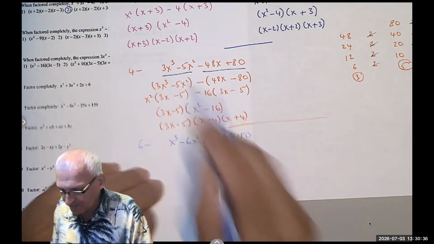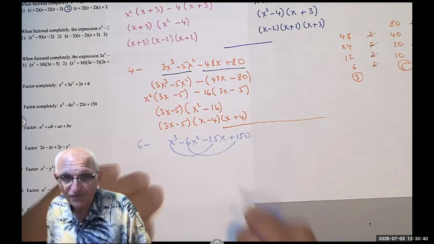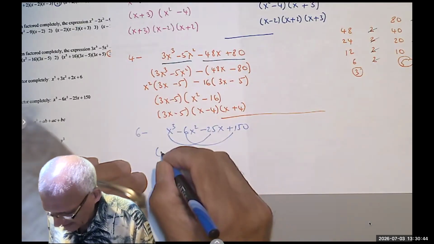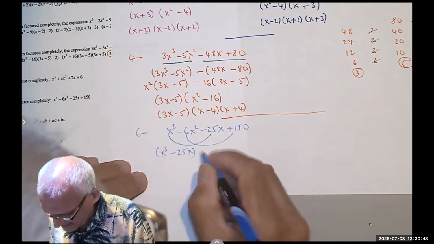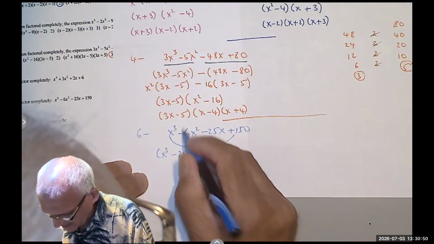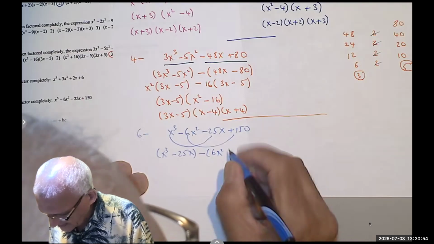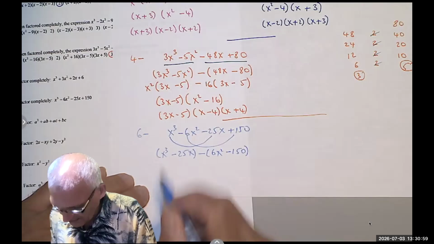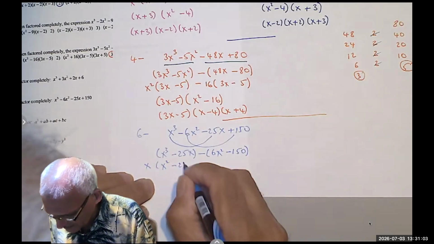This time I'm gonna factor first and third, second and fourth. It really doesn't matter, as I told you. So I get x cubed minus 25x, and then there is a negative, so I'm gonna switch the sign of negative 6x squared. It becomes positive, and the positive 150 becomes negative 150. Here I can only factor x, which leaves me with x squared minus 25.